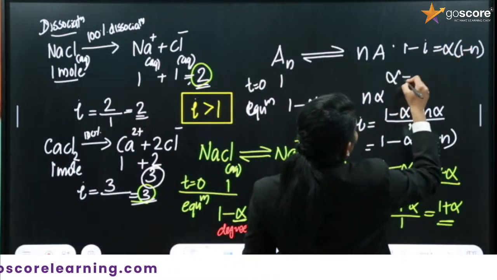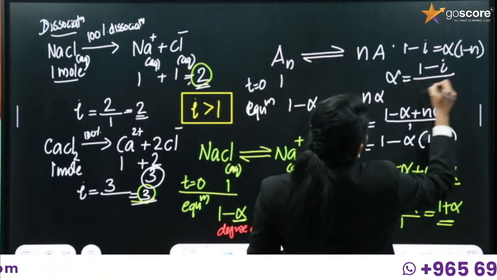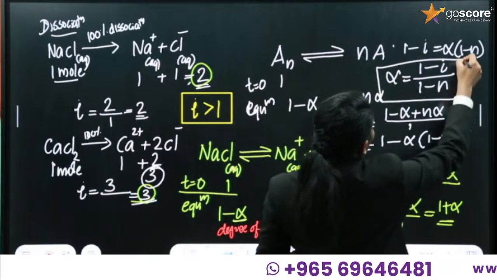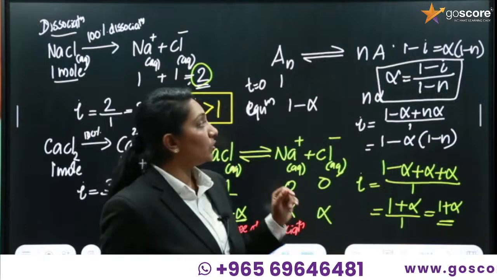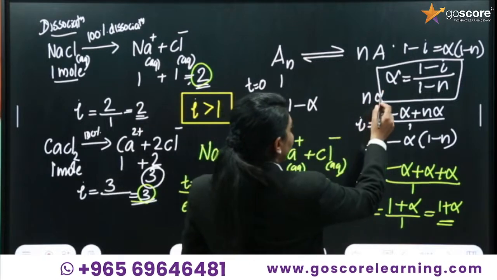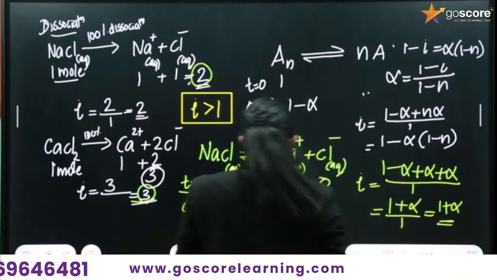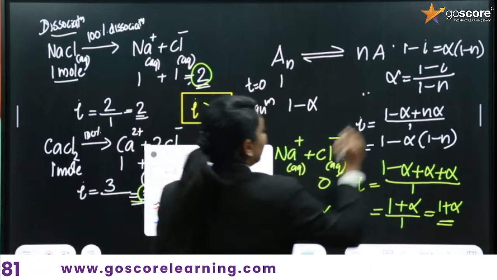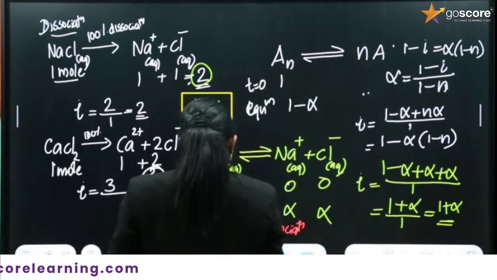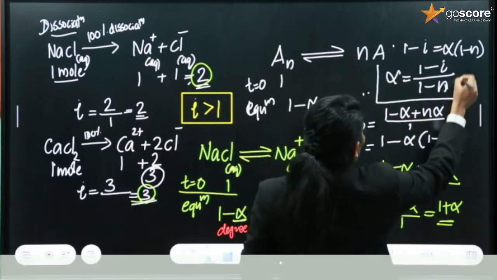So alpha is equal to i minus 1 divided by n minus 1. Alpha is equal to i minus 1 divided by, just a moment, we can put it in a bracket, n minus 1.